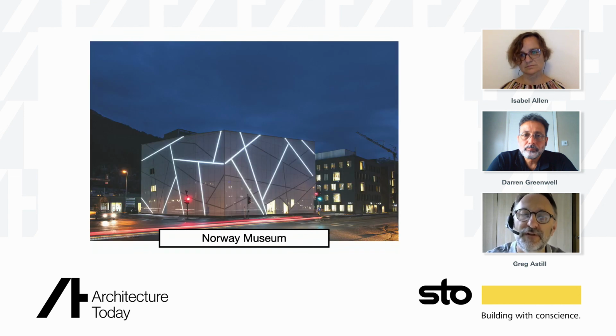So we were able to fulfill the technical requirements, but also happily we were able to design it so that the architect's aesthetic could shine through as well. So quite a challenge, but really good result.